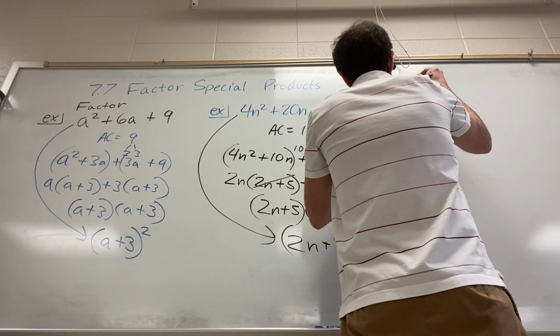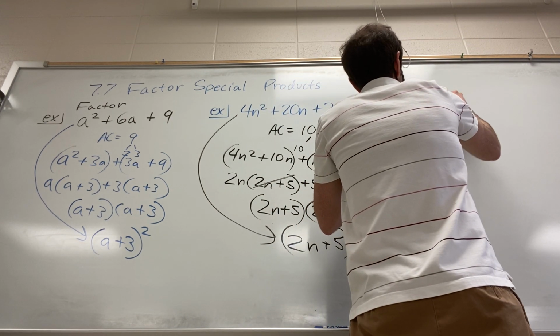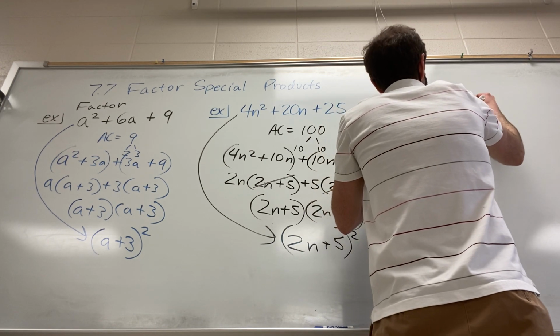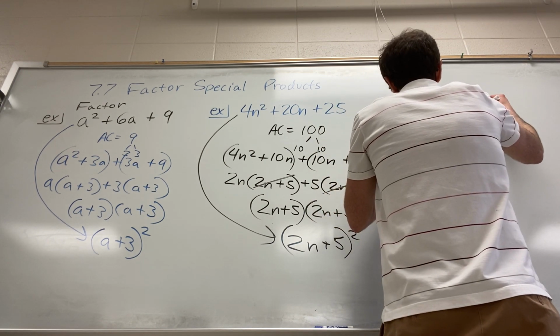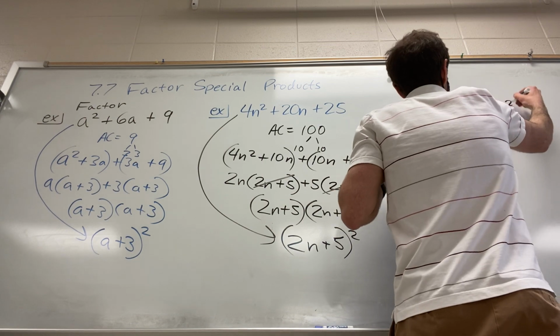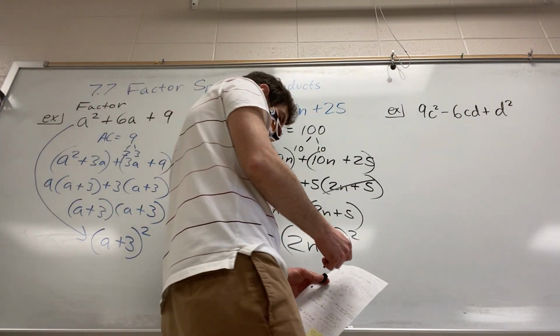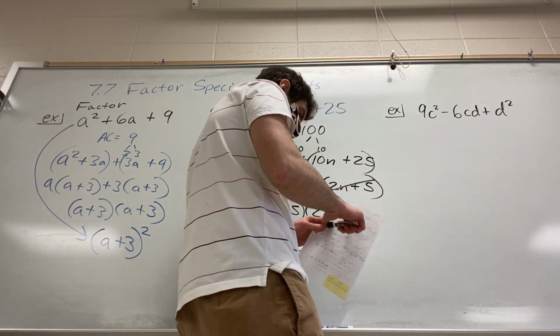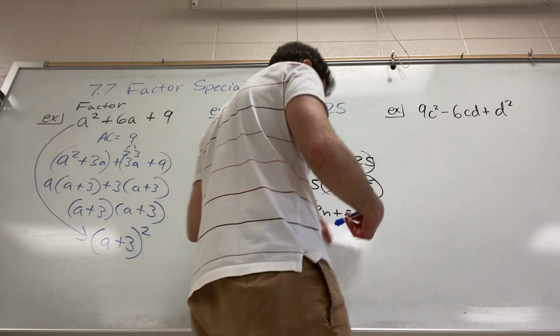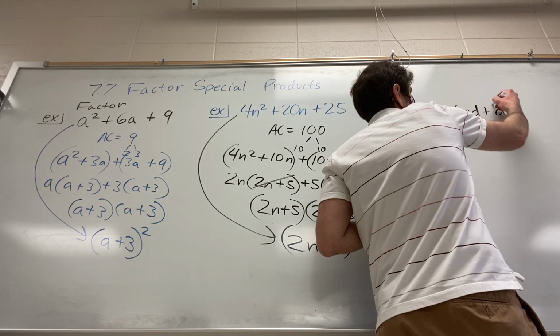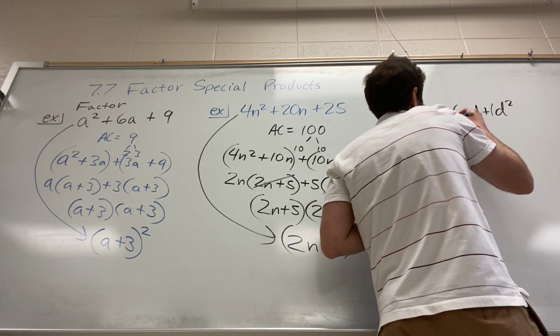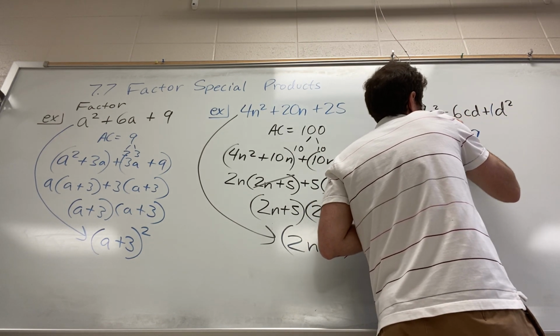Let's see, what is it? Oh, there we go: 9c squared minus 6cd plus d squared. Now remember, that extra variable doesn't really impact your AC, does it? Your AC, you're just going to think of it as 9.